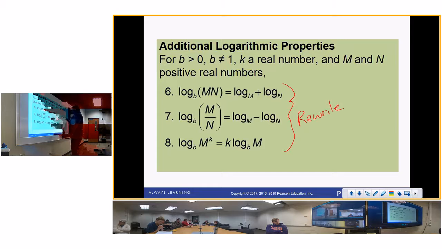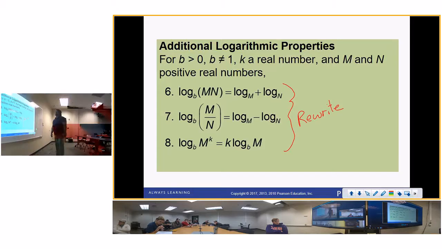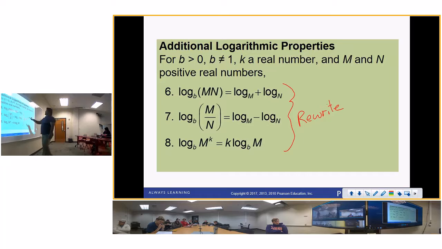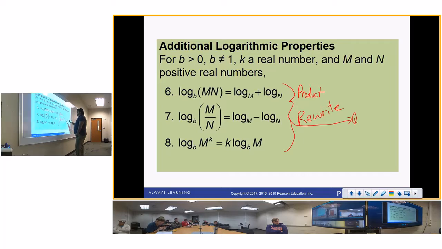When possible, and you want to rewrite an equation, this is how you do it. A logarithmic equation. This is called the product rule. This is called the quotient rule. And this is called the power rule.